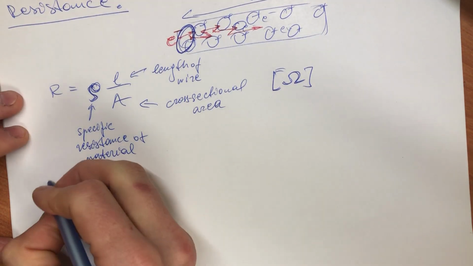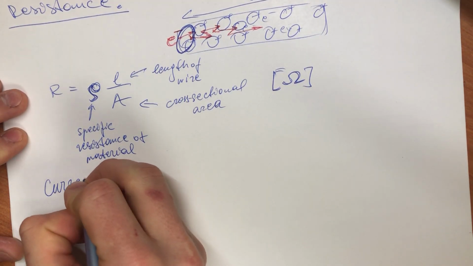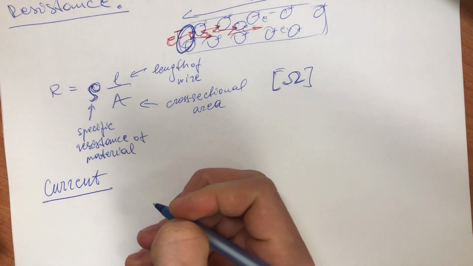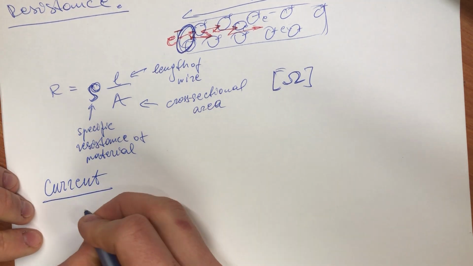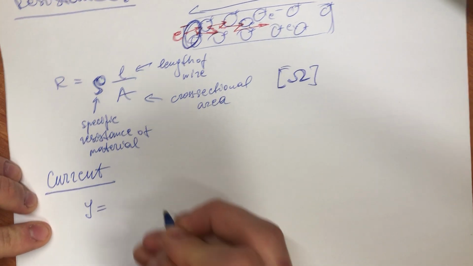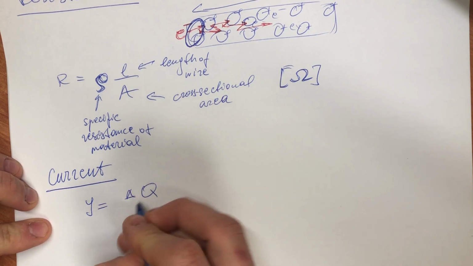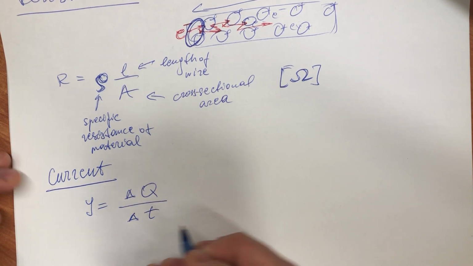Now electric current. It is capital I, the amount of charge that travels in a particular time.